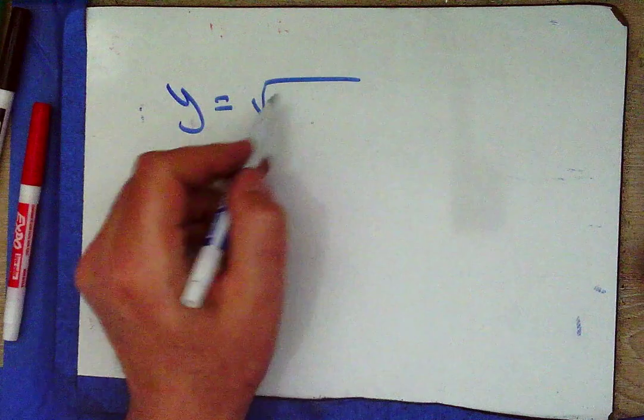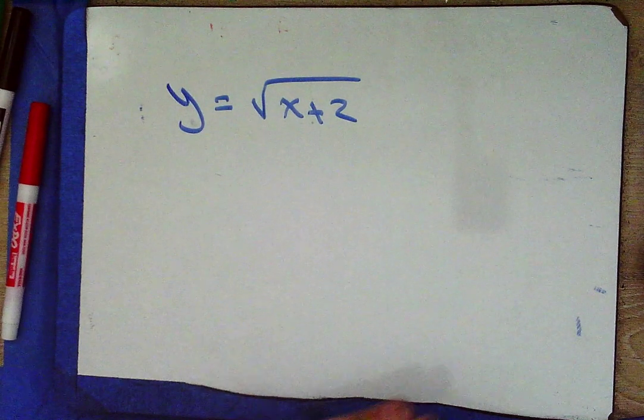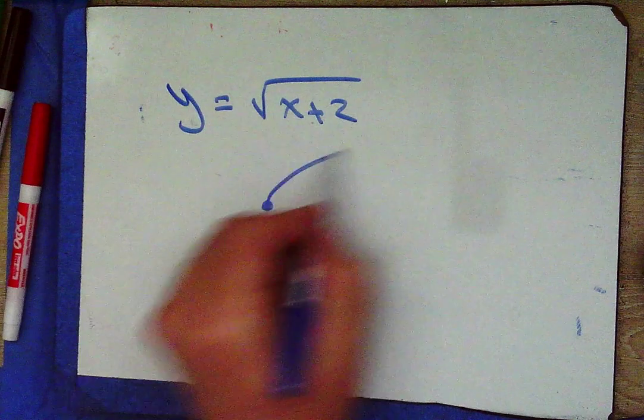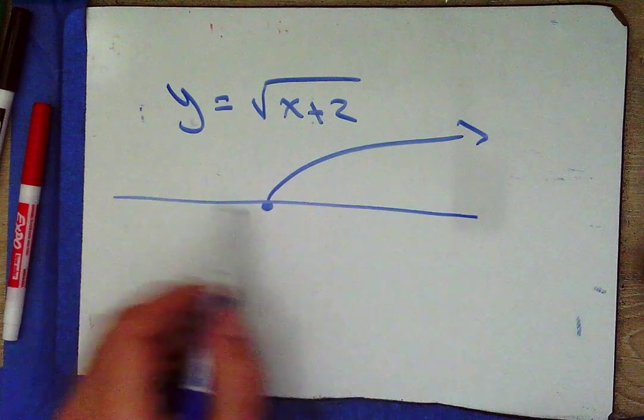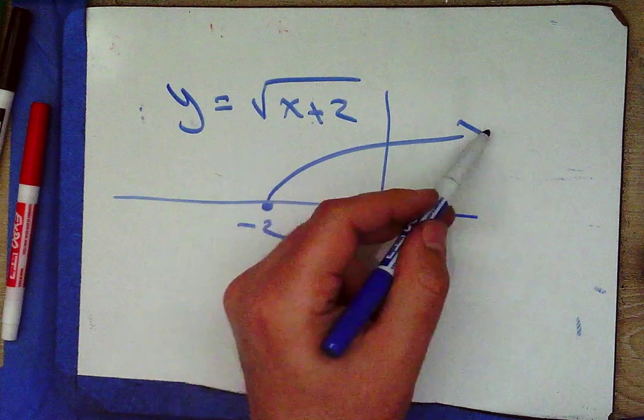What about this function? Y equals square root of x plus 2. So, when we think about this graphically, we have negative 2 here, and this function is continuous.